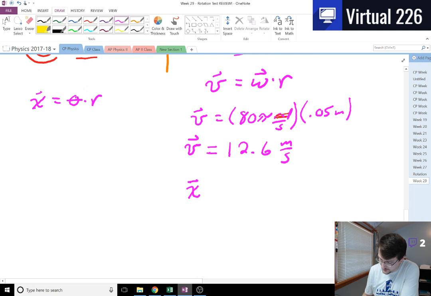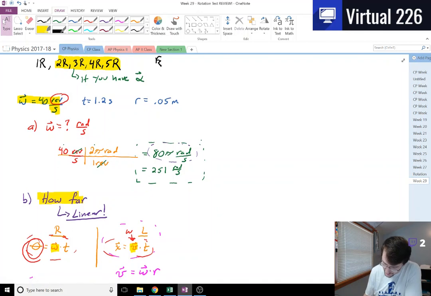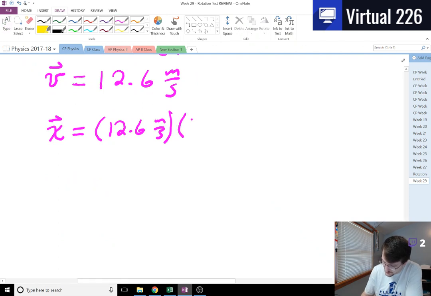Like we've done all throughout the year for a constant moving object, let's say there's no friction acting on this baseball. We know this displacement is the velocity times time, 12.6 meters per second, times the time from the beginning of the problem of 1.2 seconds.